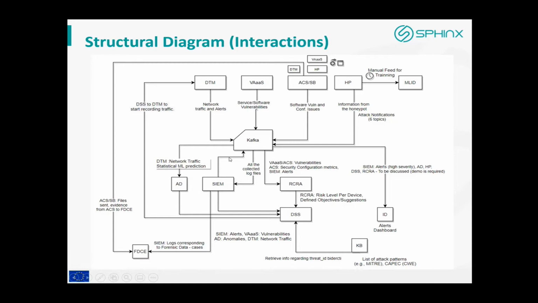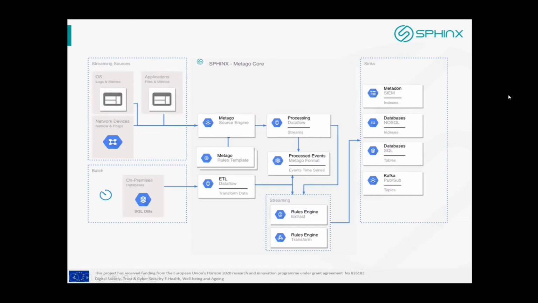One is to collect data from the Kafka topics raised by other components. We can have our own agent to collect log files directly from host machines. And we can also have API methods for any other external component to send data to the SIEM.